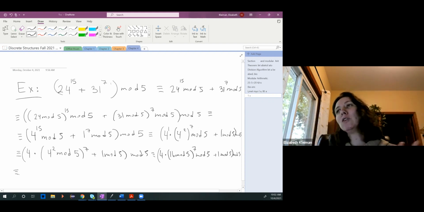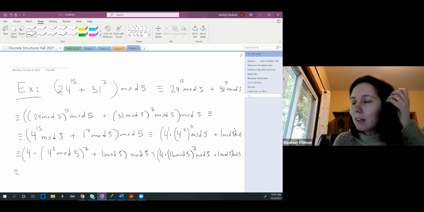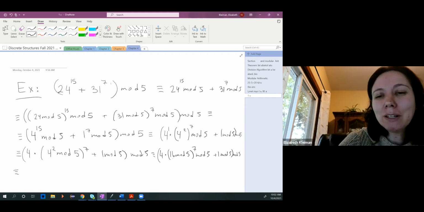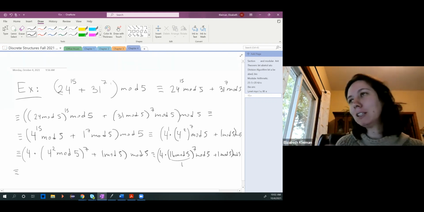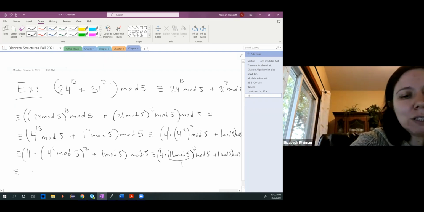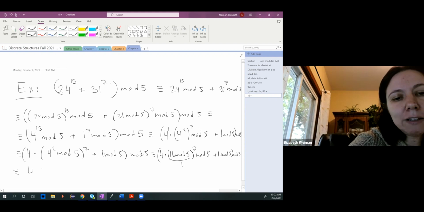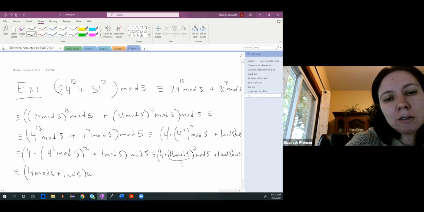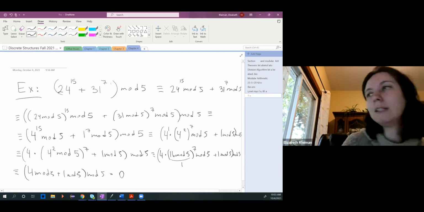Now, it's not always going to be 1 and so nice, but a lot of times it is going to be a much smaller number. So this whole thing is just 1, correct? And 1 to the power 7 is just still 1, correct? So what I really have is 5, 4 mod 5 plus 1 mod 5, and then mod 5, which is, guess what? 0.